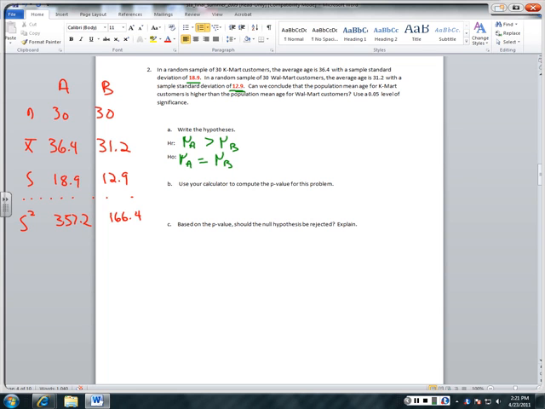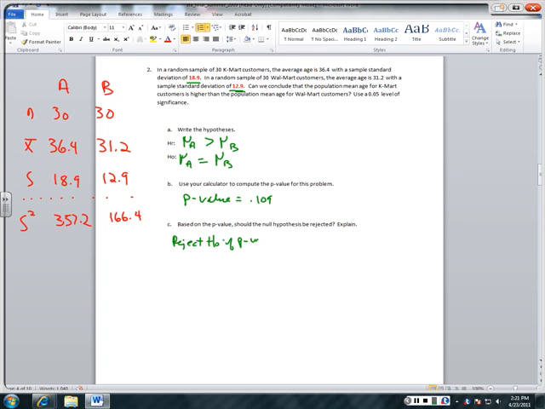No, we're not going to pool. And calculate. So the p-value is 0.109.